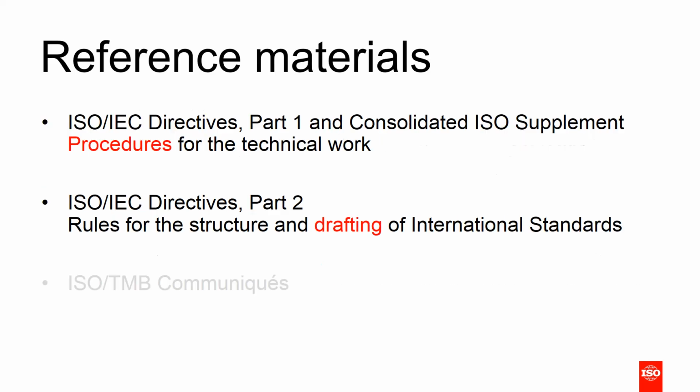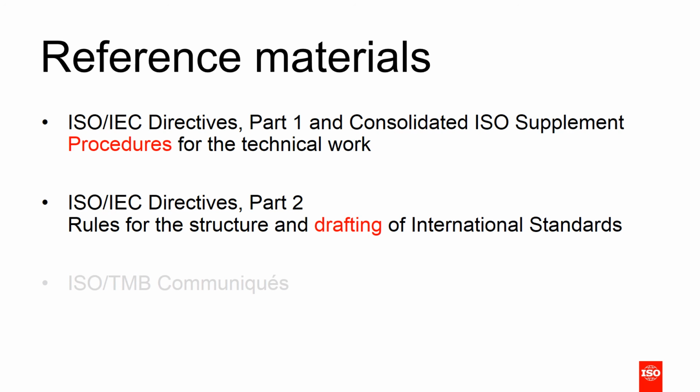So as promised in my introductory remarks, the rules and the procedures for developing ISO deliverables are contained in Directives Part 1. The consolidated document contains the ISO and IEC text common to both organizations, as well as the rules applicable only to ISO. The second part of the ISO/IEC Directives deals with the drafting rules, so everything that regards editing of the document.